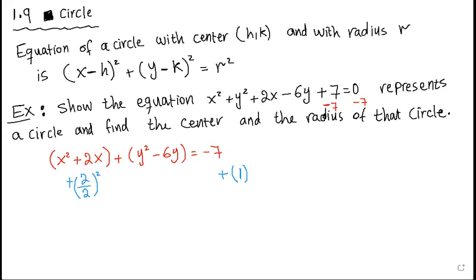Or, because I don't want to confuse you, let me keep the same quantity, 2 over 2 squared. Same here, I have to add b over 2 squared, so I add minus 6 over 2 squared. I have to add it on the side after the equal sign, minus 6 over 2 squared.